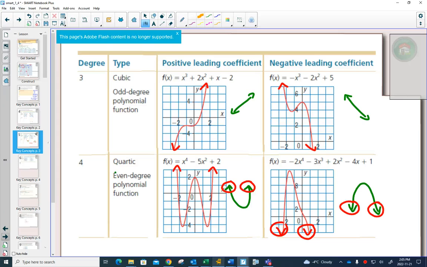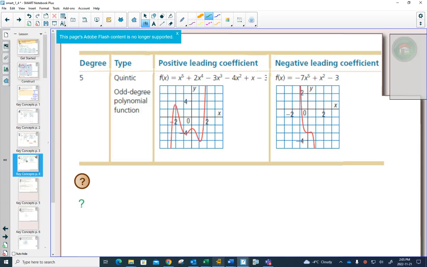The textbook has come up with, I think they have the x to the 5 one yet. X to the 5 is odd, it's going to act like a line, but line with a positive slope, line with a negative slope. Notice where our arrowheads are, right? That would be a positive slope. That would be a negative slope. So, this happens all the way through.